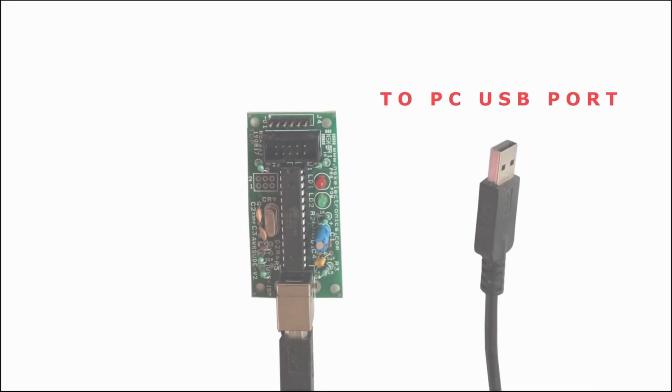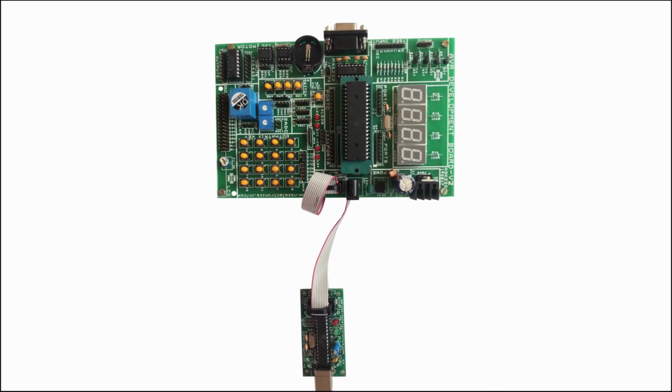For uploading the program onto the microcontroller, firstly connect the USB ASP programmer to your PC through USB port. And then connect the JTAG connector from your USB ASP programmer to your development board.